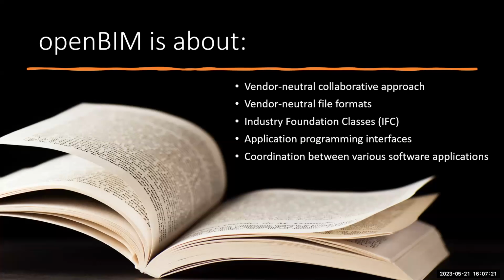So it's a vendor-neutral process, a vendor-neutral file format and shared application programming interfaces, that is APIs, to facilitate coordination between various software applications and hardware solutions. So you can say that it's a file format that is shareable between most of the software applications.